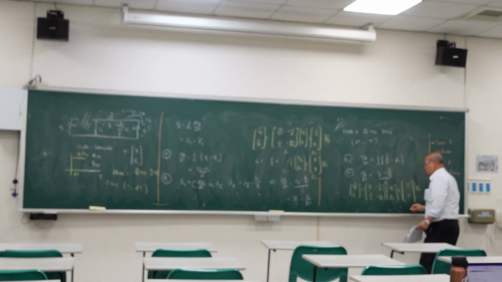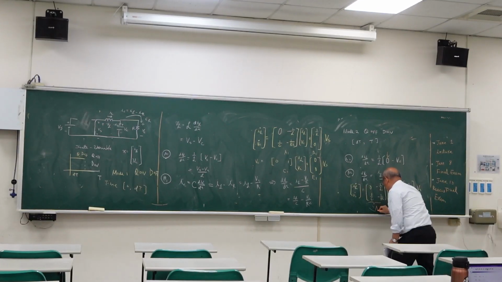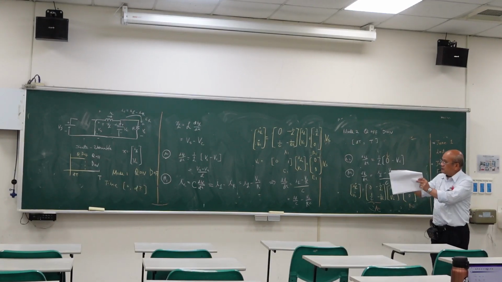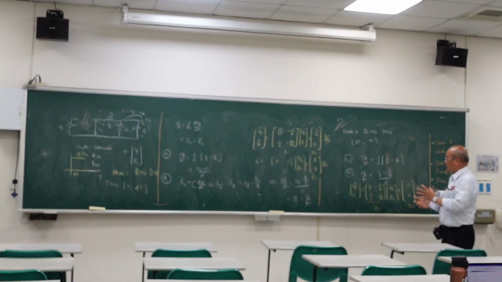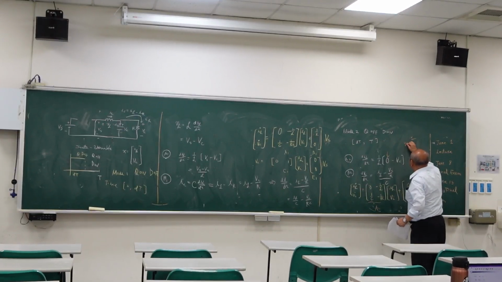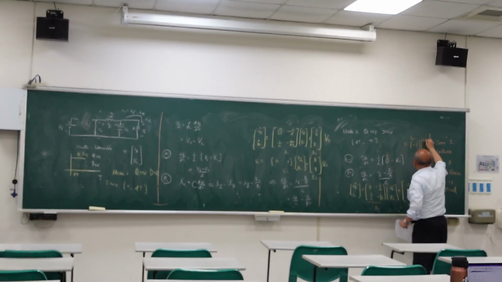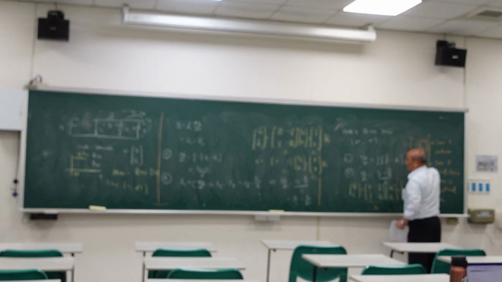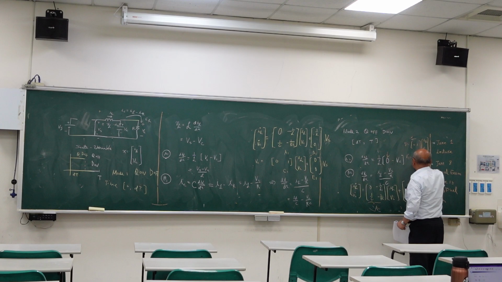So we call this A2, and this is B2. If you take these two equations, what is the difference? And y is also 0, 1, and P is 0, 0.